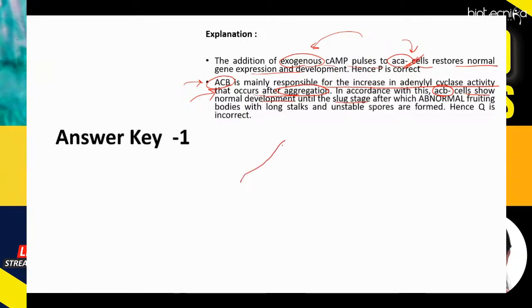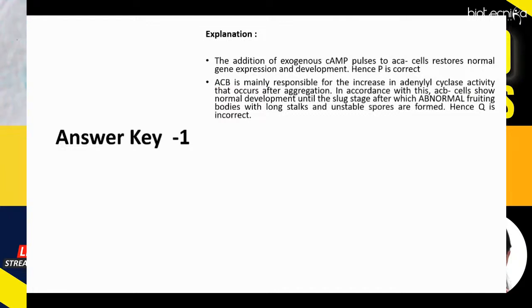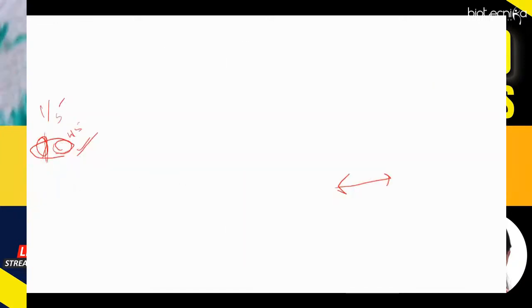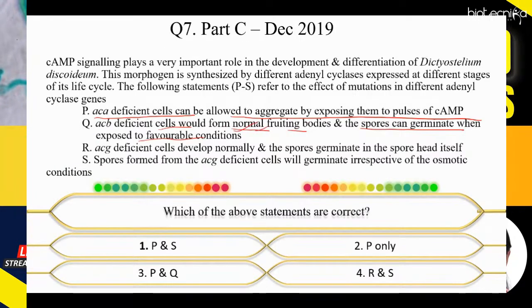Till the slug stage, the aggregation and culmination part will happen normally. After which the ACB part is to form the fruiting bodies and all. So if it is ACB minus, it will lead to abnormal fruiting bodies. It is not possible that with ACB minus you will have normal fruiting bodies. In fact, the spores that will be formed will also be abnormal. That is why Q is incorrect, because it says that it forms normal fruiting bodies.